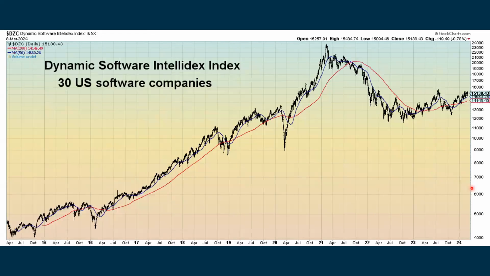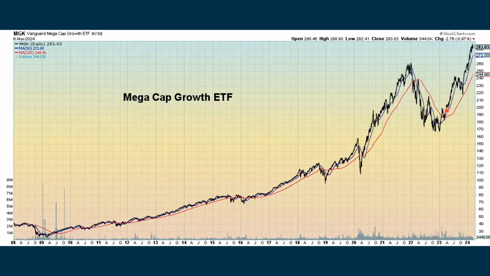The biggest software companies are in a longer term uptrend. They're not back to their all-time highs yet, but they're hanging in there for right now. Here's mega cap. This is what everybody's talking about. Even though they pulled back a little bit later in the week, they're still in a really solid uptrend and setting recent all-time highs.